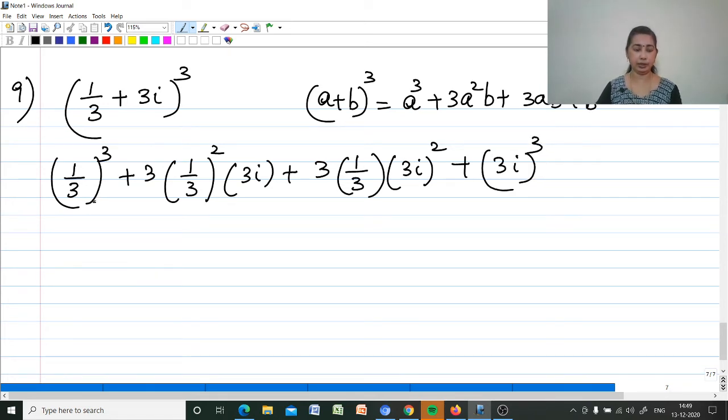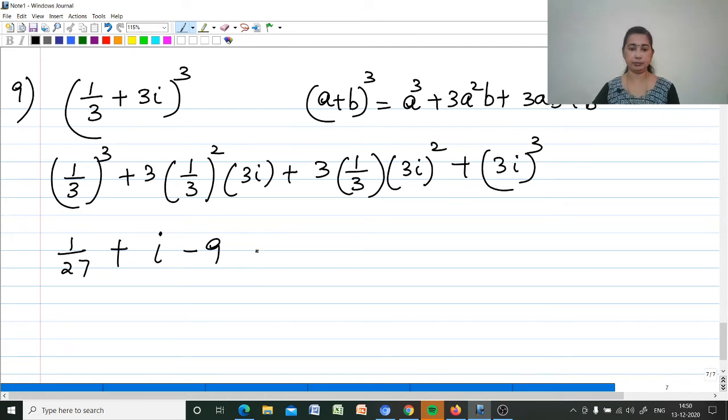That is (1/3)^3 is 1/27, plus 3 into 1/9, that is 1/3. Then 1/3 into 3i, that 3 getting cancelled, remaining i. Then 3 and 3 getting cancelled, (3i)^2 is 9 into i^2, 9 into i^2 is −9.